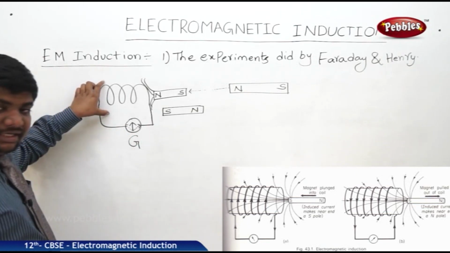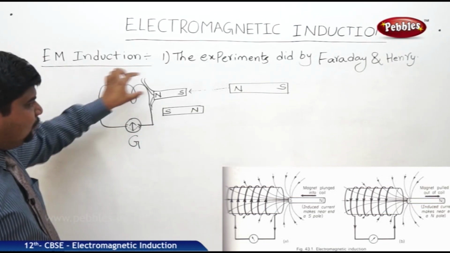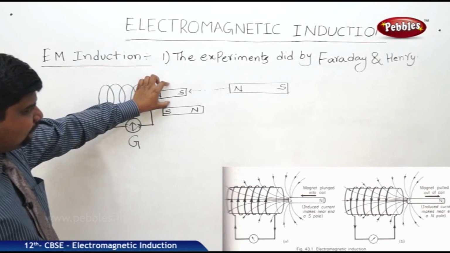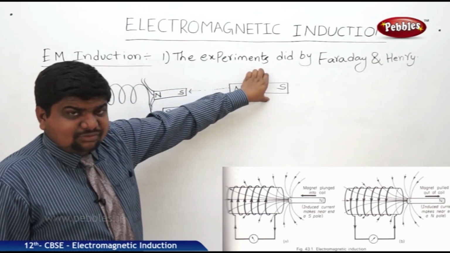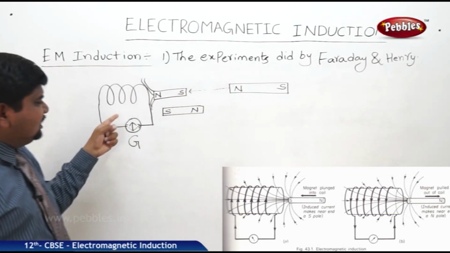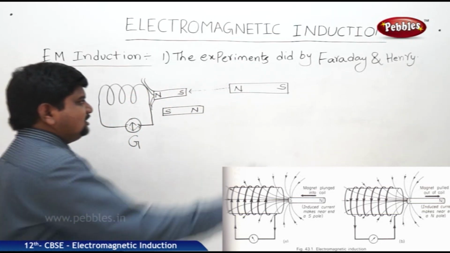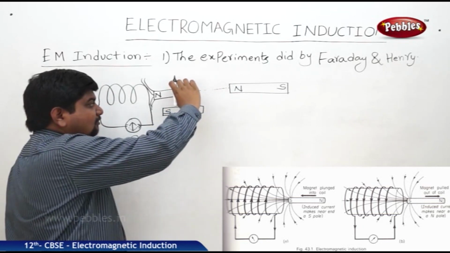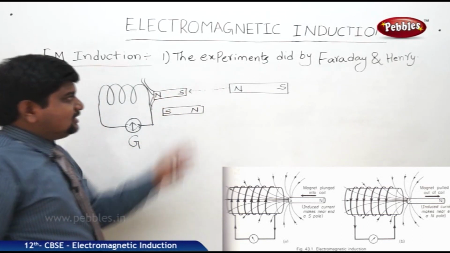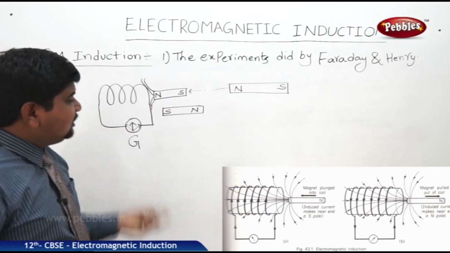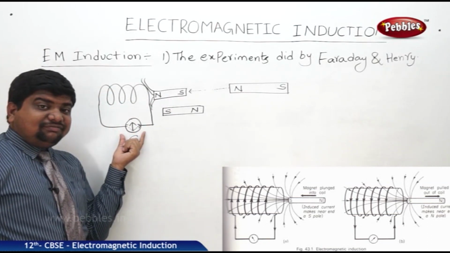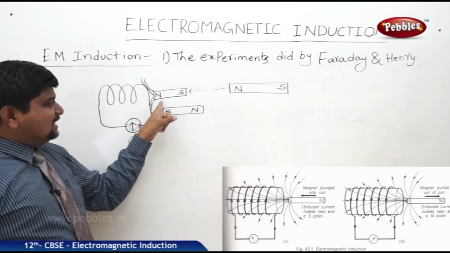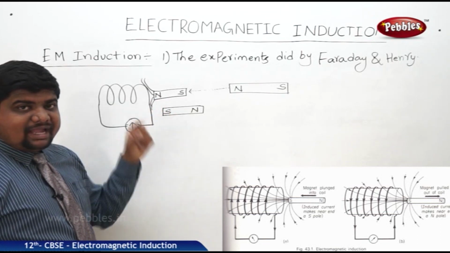So this is the coil connected to the galvanometer, and one magnet is at a finite distance, with no change in the galvanometer needle. Now the magnet approaches the coil, and they saw deflections, with the galvanometer deflecting opposing the north pole of the magnet.